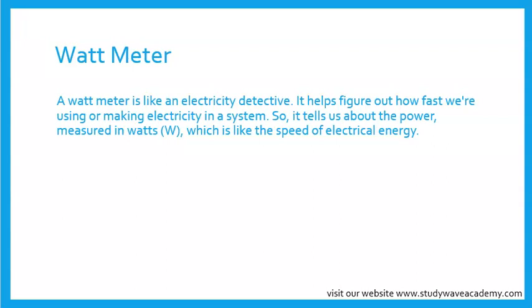Then we looked at the types of electrical measurement devices, right? We mentioned the moving coil meter, a tool used to measure electric current, then the watt meter, another tool that measures electrical power. So we understood everything. Good.